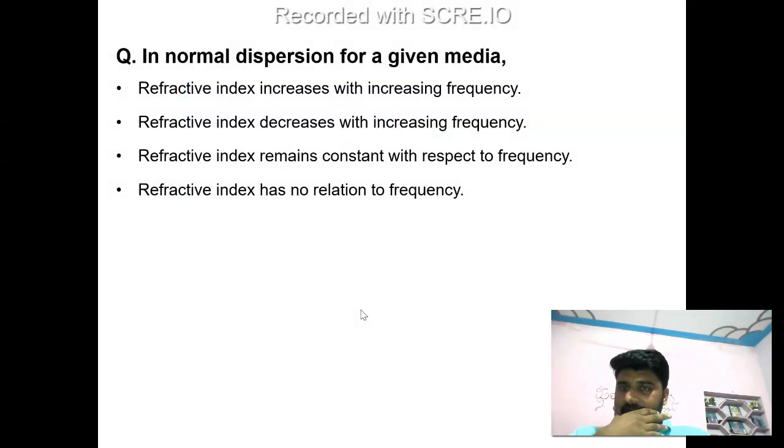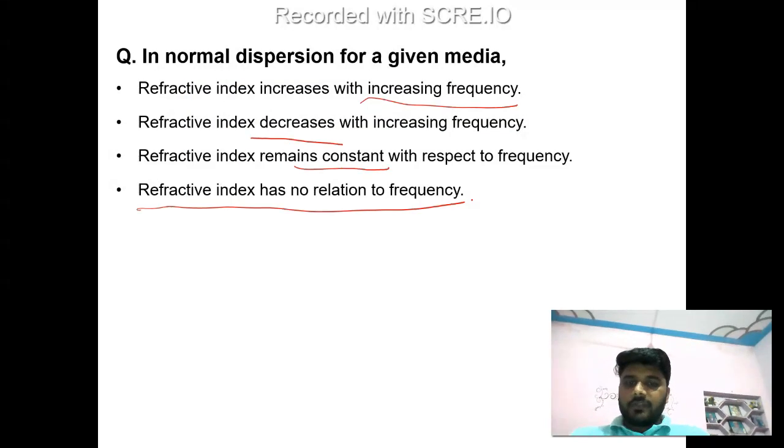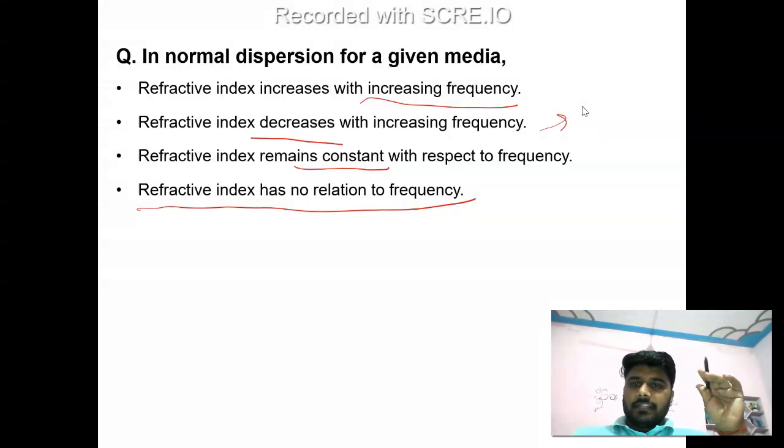There are four options: the refractive index increases with increasing frequency, it decreases, it remains constant, or refractive index has no relation to frequency. If refractive index decreases with increasing frequency, that will be anomalous dispersion. In normal dispersion, you generally observe the refractive index increases with increasing frequency.